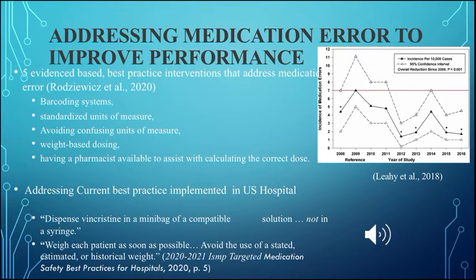This was done from 2008 all the way to 2016, and there was a very good decrease seen, as we can see on the graph, from errors that were about 7 per every 10,000 cases to about 2.2 per every 10,000 cases since 2012.